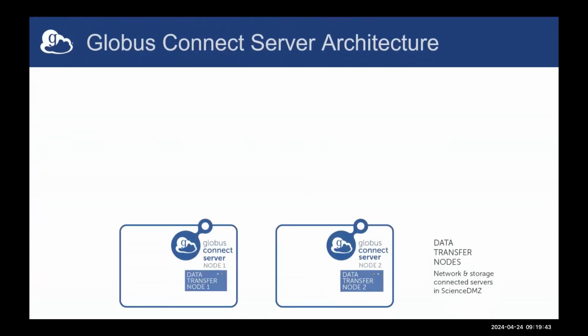So from the sysadmin standpoint, let me go back to the Globus Connect Server architecture. So you need servers, which we call data transfer nodes. This is where we typically suggest using the Science DMZ concept, so a friction-free connection to the inside and outside world, hopefully not impeded by deep packet inspection firewalls and all that.